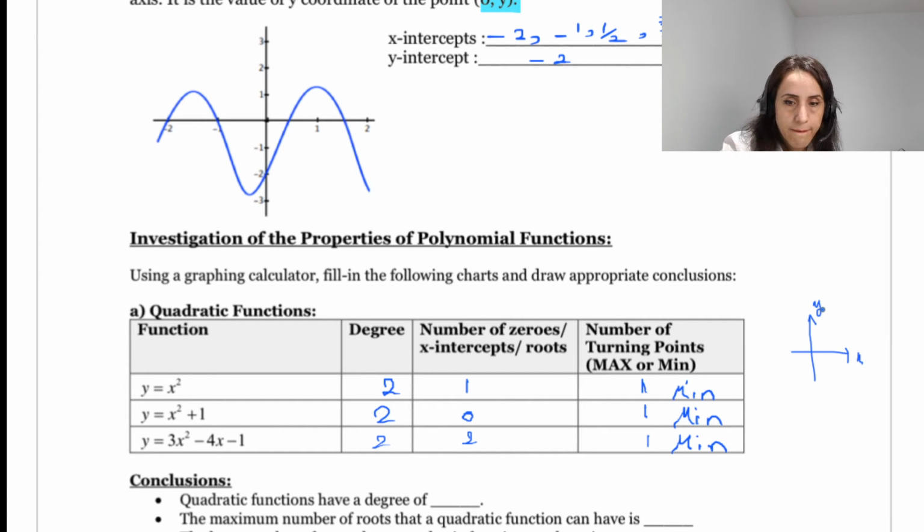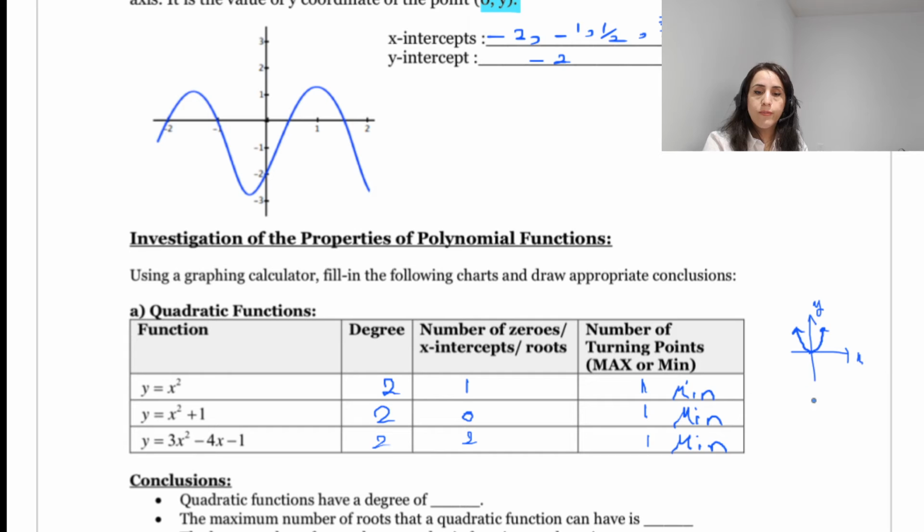As you see, I have just one zero here because it's just touching the x-axis. Number of turning points, there is one, and that point is a minimum.